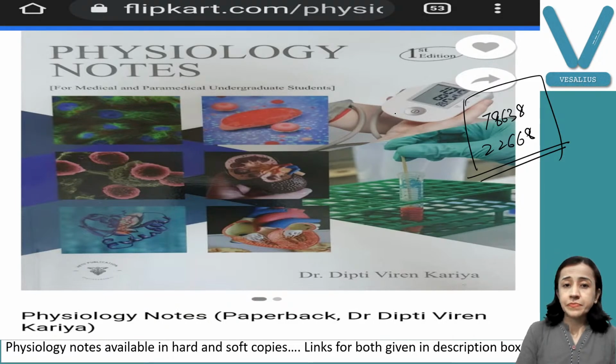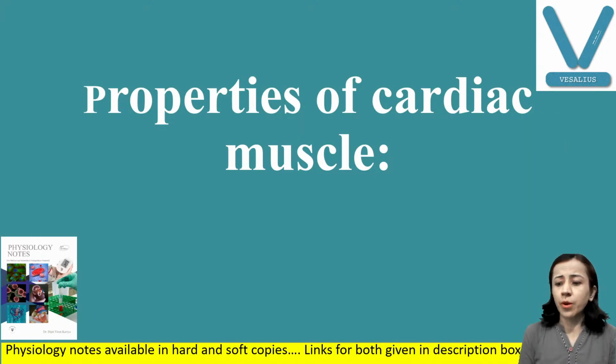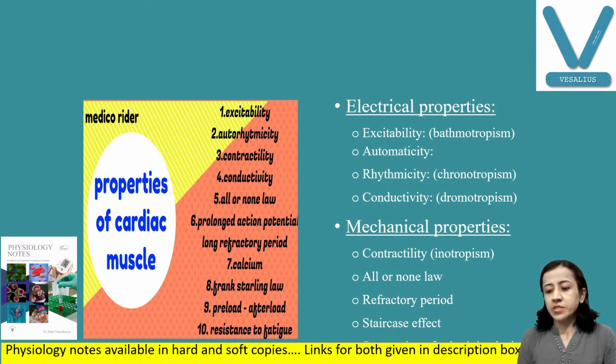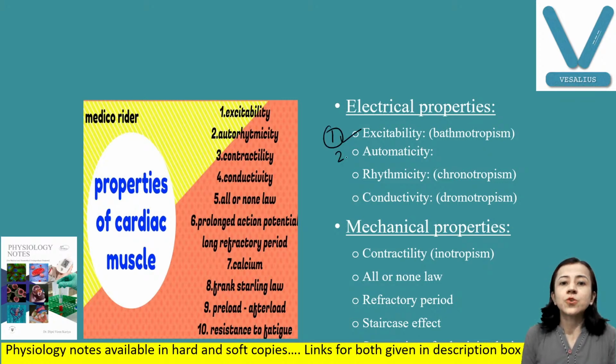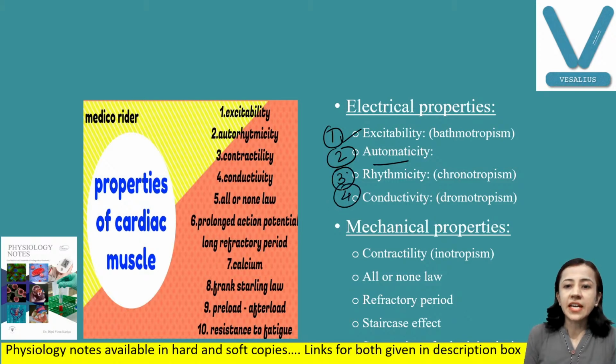Okay, fine. So today we'll discuss properties of cardiac muscle. Which are the properties of cardiac muscle? Let us first enumerate all. One is excitability. Second is autorhythmicity, which is automatic rhythm. Third is rhythmicity. Fourth is conductivity.